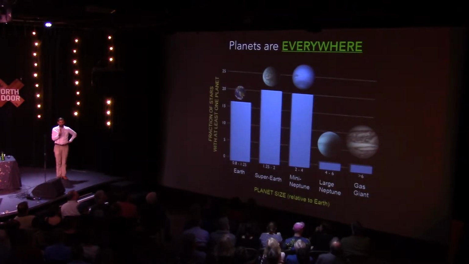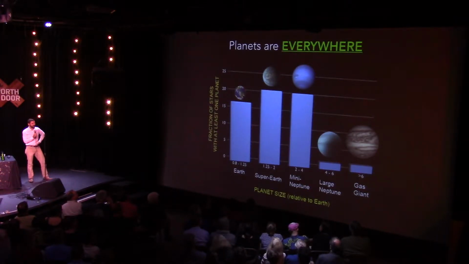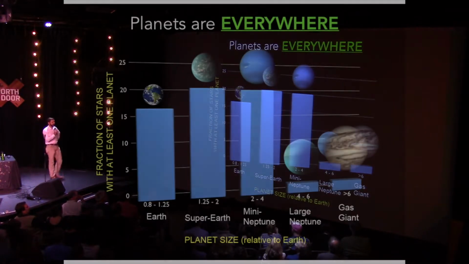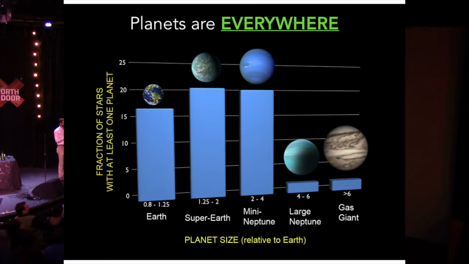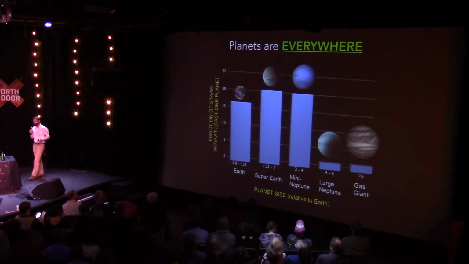So we know a lot about exoplanets. Over the past 5 years, one of the biggest results in the field is that exoplanets are everywhere. Every star, on average, has at least 1 planet, and the frequency of rocky planets is incredibly high. So this is basically the size distribution of planets and their probability of finding them around a star.